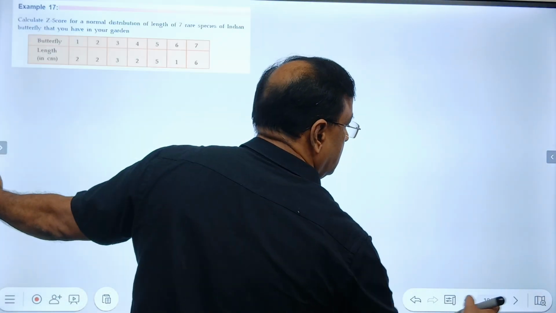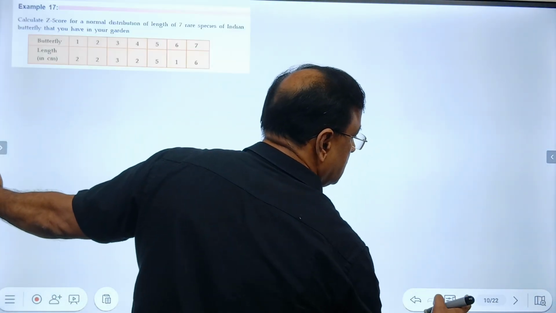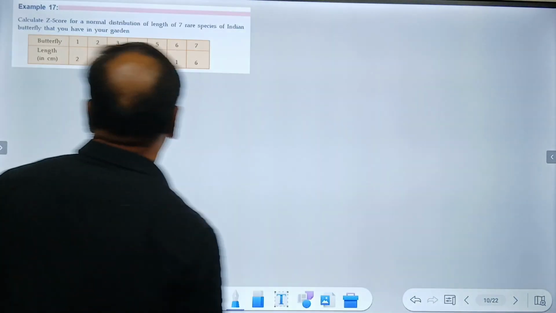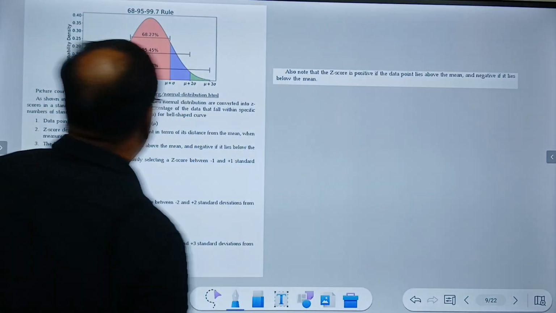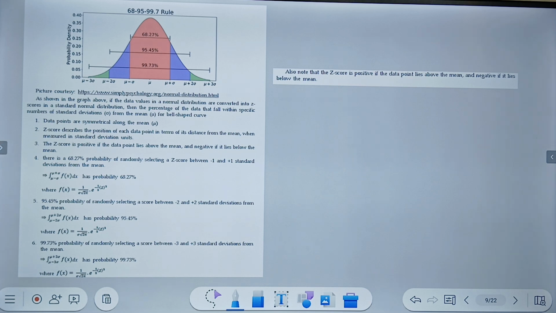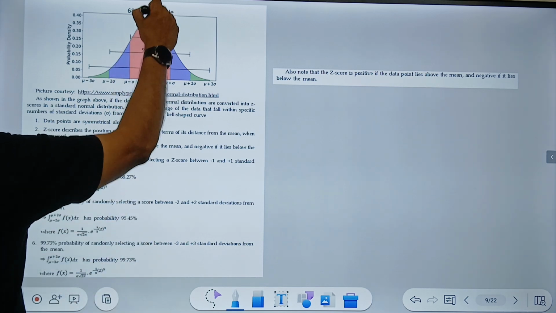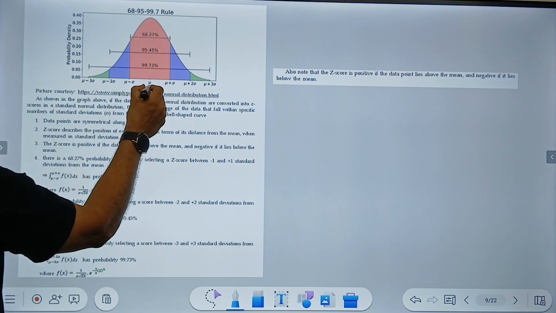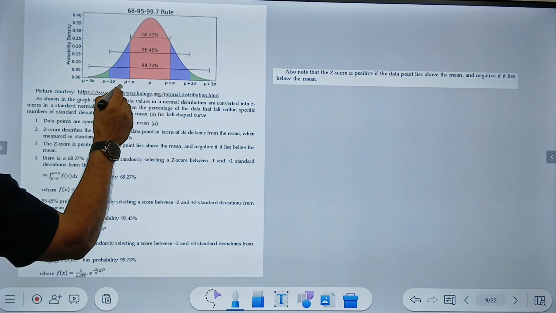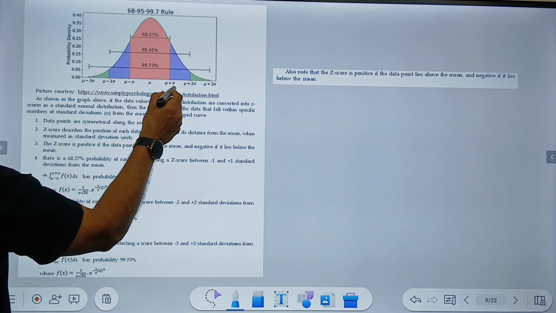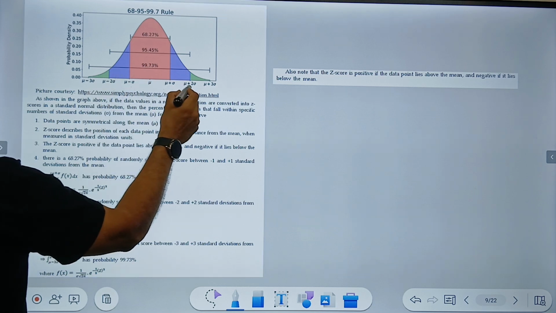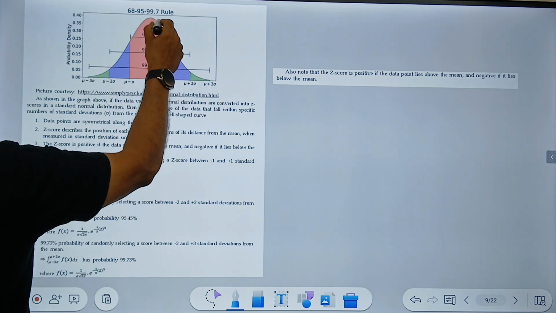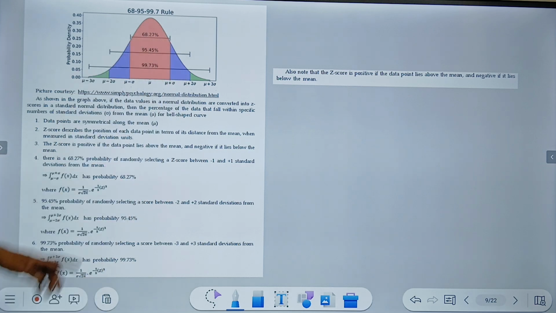So with that introduction, we'll start with the problems. Let me have a quick summary of normal distribution. This is the axis of symmetry and it is symmetric about the mean. This is mu minus sigma, this is mu plus sigma. Mu minus 2 sigma, mu plus 2 sigma. Mu minus 3 sigma, mu plus 3 sigma. And the area correspondingly I have told you.